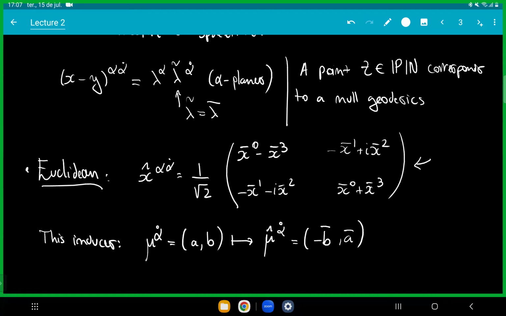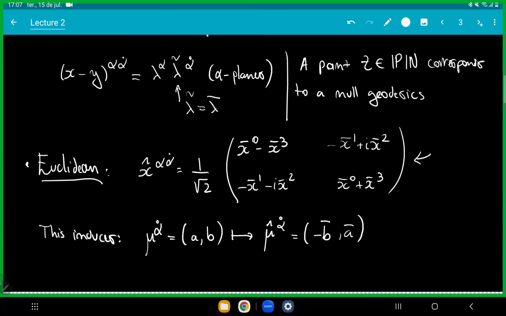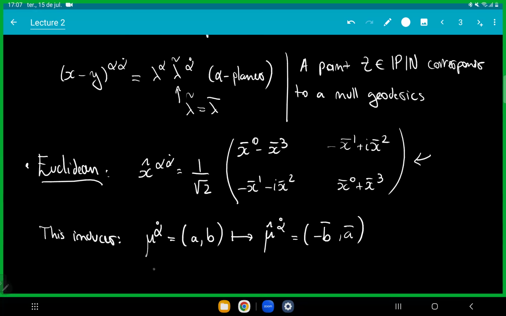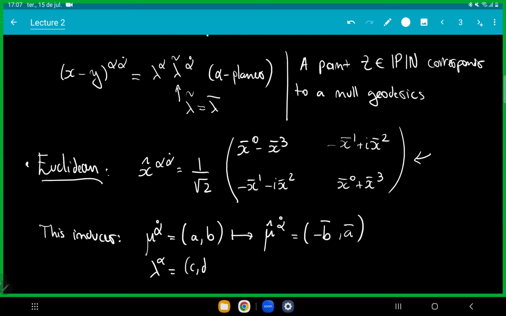Now, what is important is to see that we haven't raised or lowered the representations or changed between representations. So this induces this, and on the lambda alpha, which I'm going to write as C D, this also induces a lambda hat alpha, which is minus D bar, C bar.